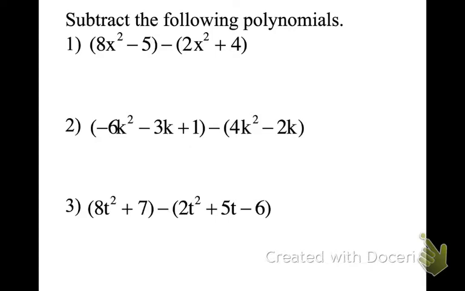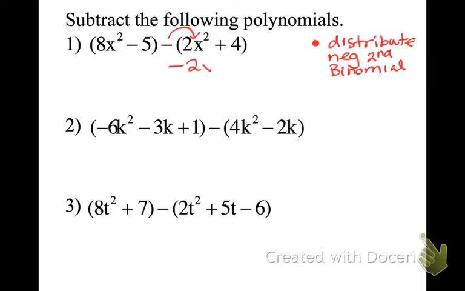So the first thing you're going to do, and next to the problem, I want you to write these notes: distribute the negative to the second binomial, or polynomial. So really what they're saying is this whole thing is the additive inverse, and that's going to become negative 2x squared, and this becomes minus 4.